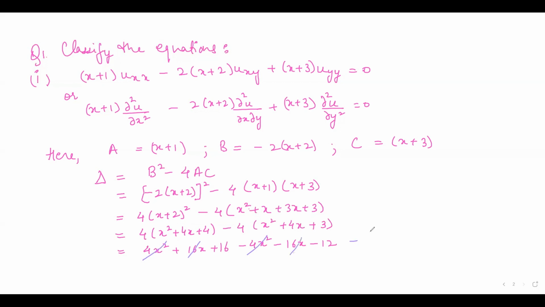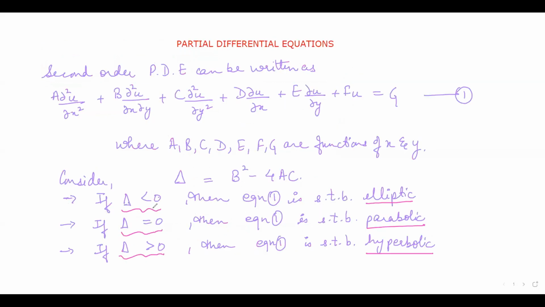The final answer that we are getting is 16 minus 12, that is 4, which is greater than 0. Using the classifications I have written on the previous page, because it is greater than 0, I can say that this equation is hyperbolic.